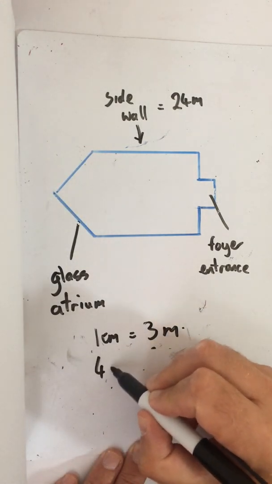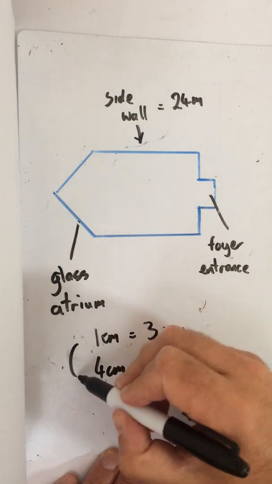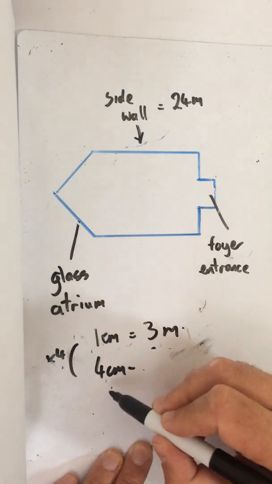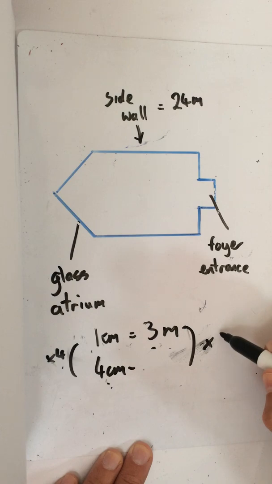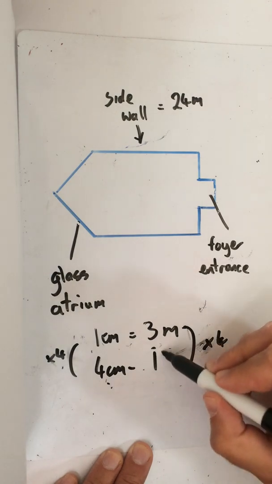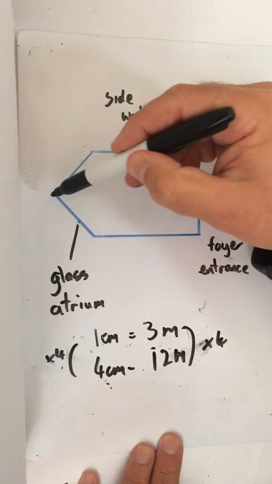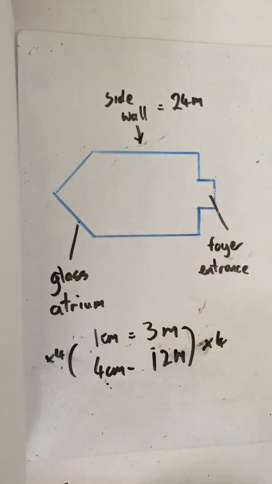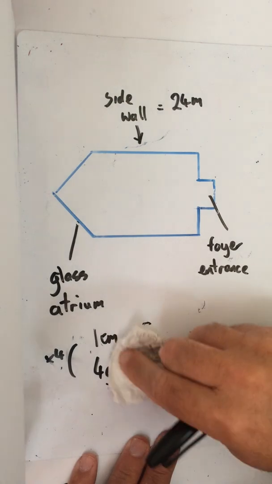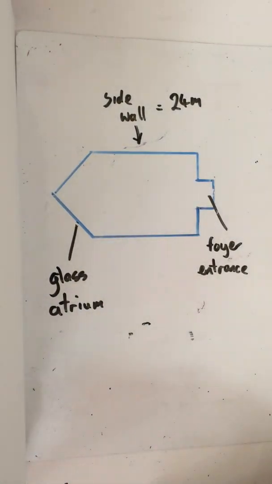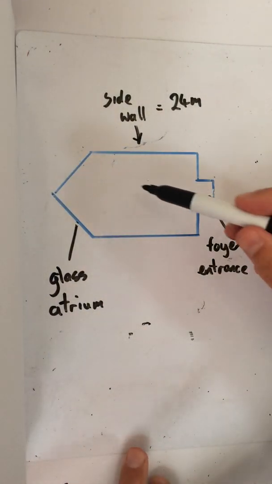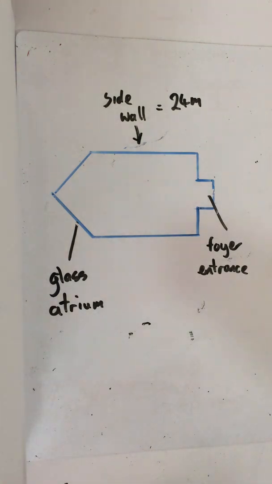I didn't mean that to be exact. 4 centimeters again, so we're timesing by 4 to get to there. So we did the same there, timesing by 4. So the real life glass wall here would be 12 meters long.